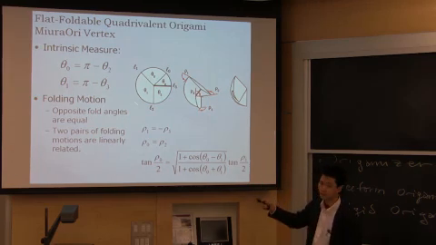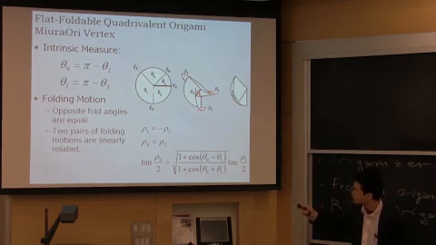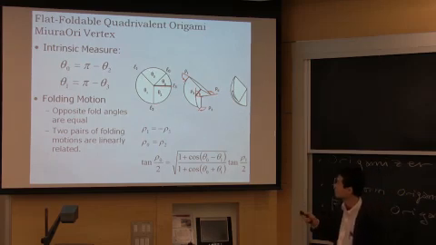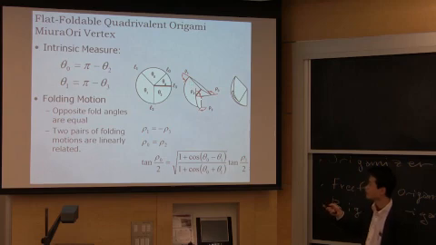So if it's a flat foldable vertex, a degree-4 vertex with flat foldability, this gives a folding motion where the opposite folding angles are the same and these are the same, and also the folding angles here and here are related.